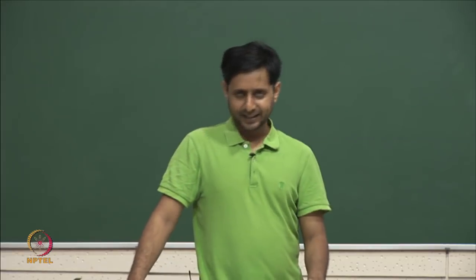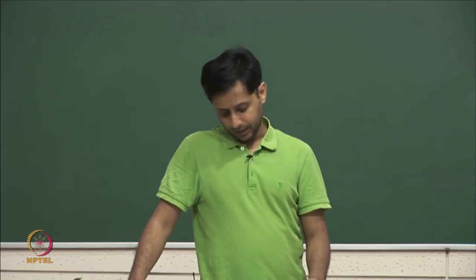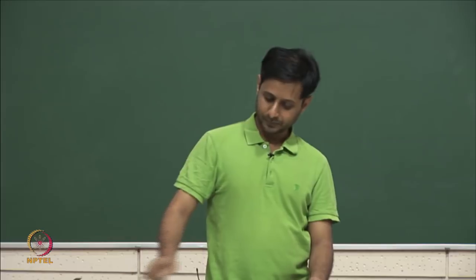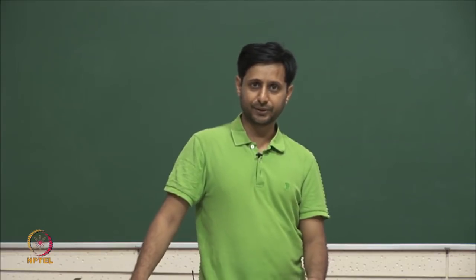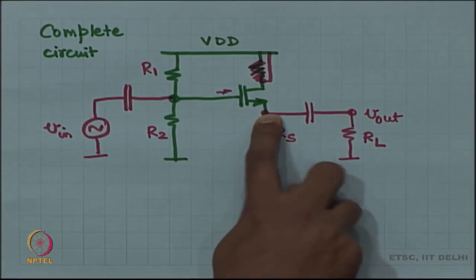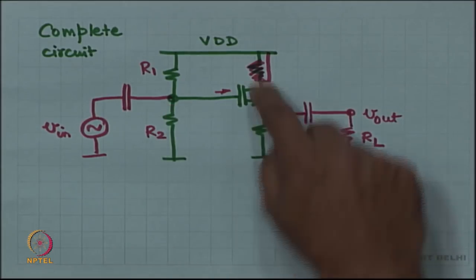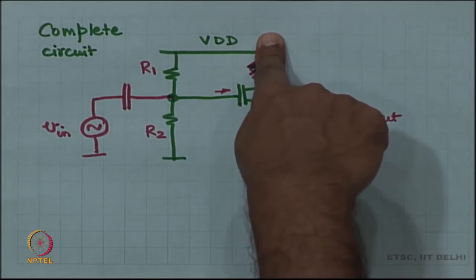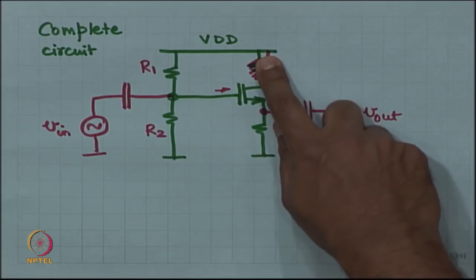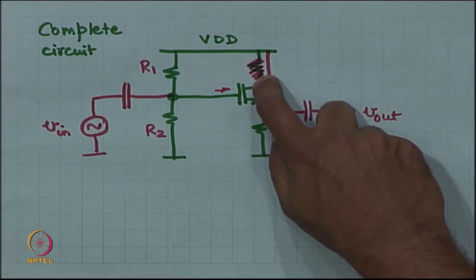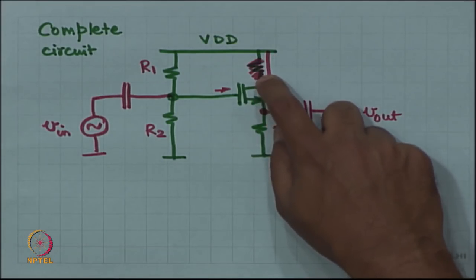Okay. And then you say that you have got all the different parameters. You have got the source voltage, you have got the gate voltage, drain voltage is at VDD in this case, because you do not really need the this resistor at the drain, right.